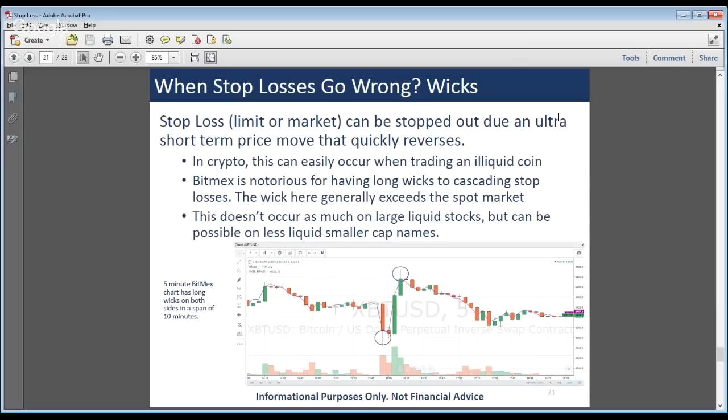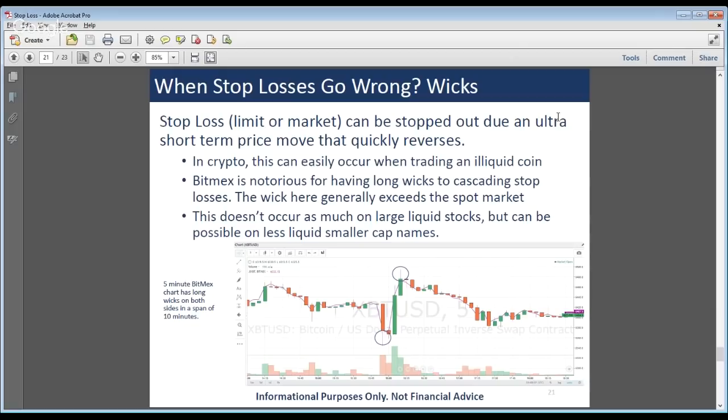You have BitMEX, which has long wicks all the time, mainly because of cascading stops, which we'll get to. But for stocks, if you're dealing with large cap stocks, you generally don't get huge short-term, I'm talking 1, 2, 3, 4, 5, 10-minute huge wicks. But it's certainly possible if you're trading less liquid, small cap, micro cap names.